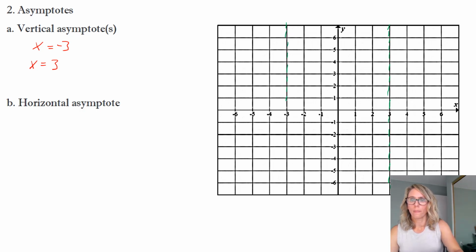And what I know is that my graph will never touch that, because if we were to put in 3 or negative 3, we end up dividing by 0. We get some number over 0, and you cannot divide by 0. So our graph will never touch those 2 lines. These 2 lines are not part of my graph. They're just going to help me shape my graph by knowing that my graph cannot touch those values.